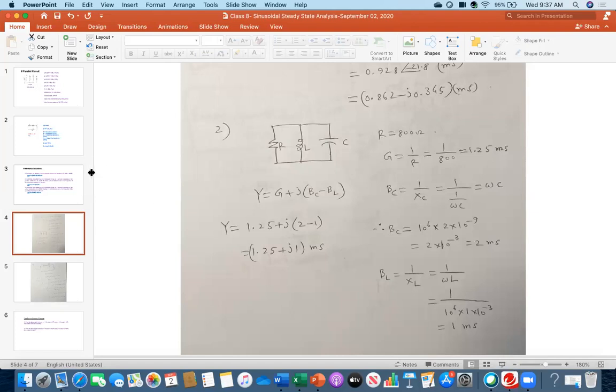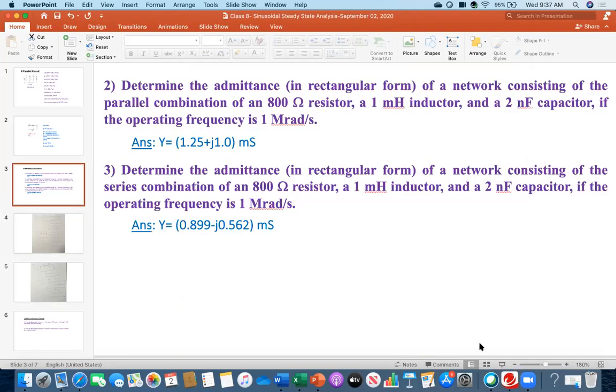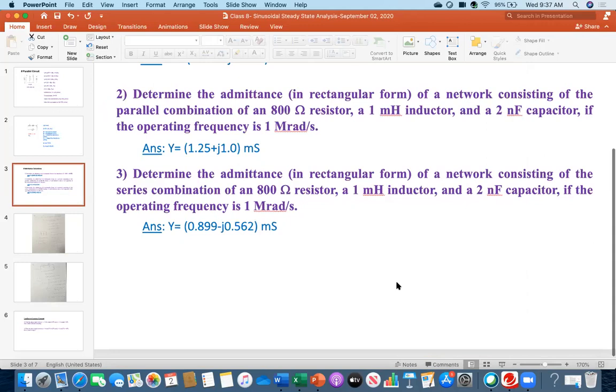Okay, great. Then everybody come back to problem number 3, another practice. Determine the admittance in rectangular form of a network consisting of the series combination of an 800 ohm resistor, 1 millihenry inductor, and a 2 nanofarad capacitor, if the operating frequency is 1 megaradian per second.